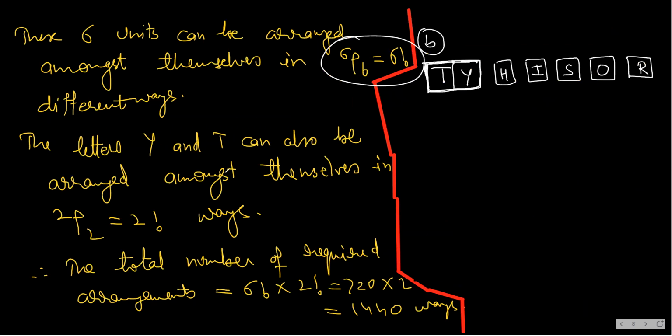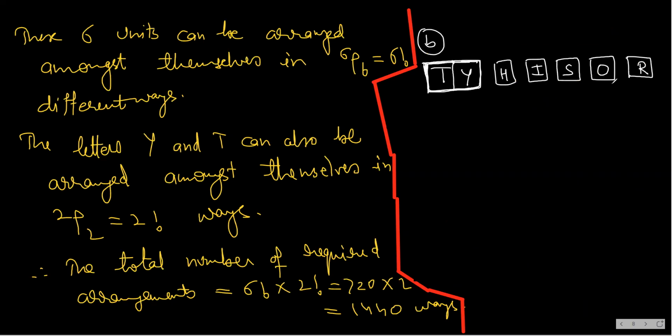And then what we did in the earlier case, we will not do it. Why? Because we don't want this ty to be arranged amongst themselves. We want it always in the form ty.